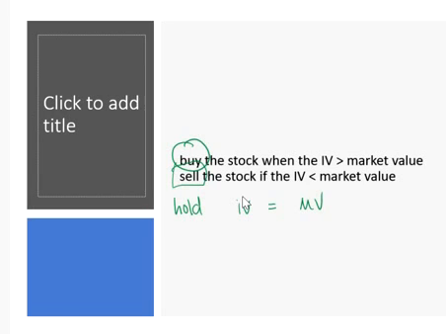Okay, dia memang ada straightforward strategies. Kita akan beli, buy when stock's intrinsic value exceed its market value, and sell when a stock's market value exceeds its intrinsic value.